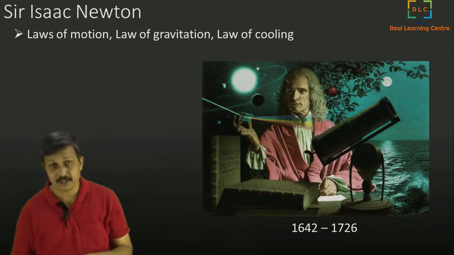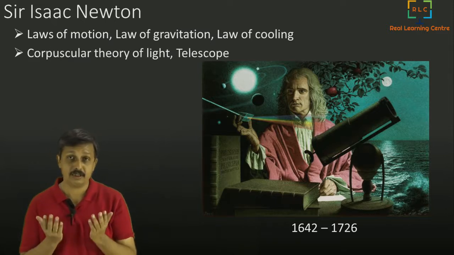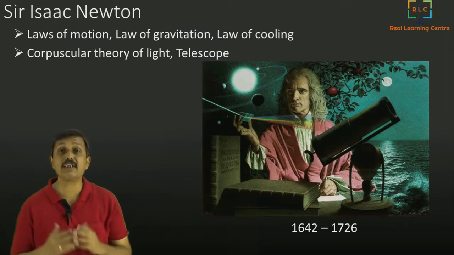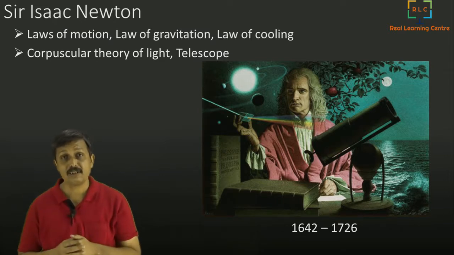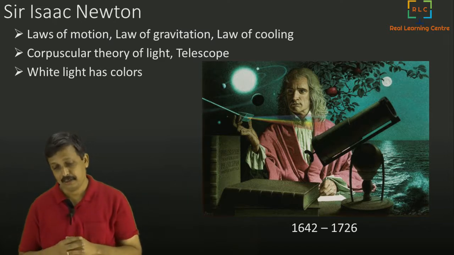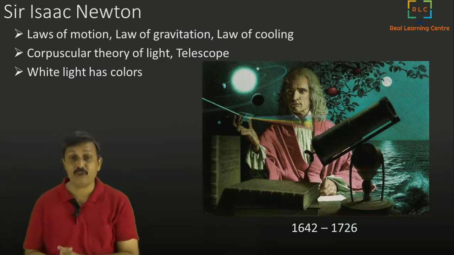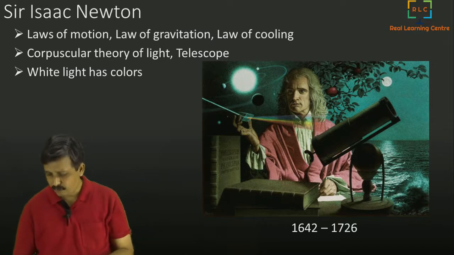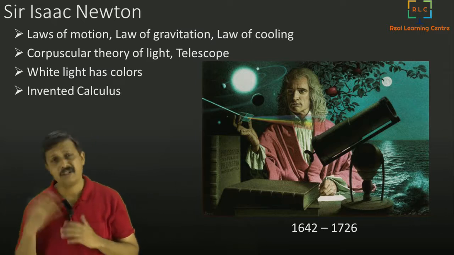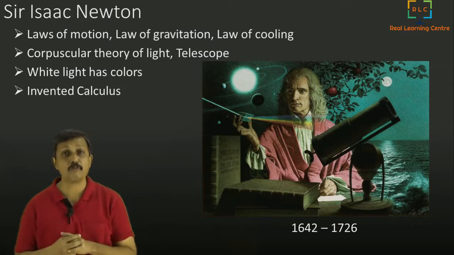He invented a new area of mathematics called calculus, and he worked on the corpuscular theory of light. He created a telescope to look at the planets, and he also said that white light has many colors, though it looks white. He worked theoretically, practically, and mathematically in many areas to which he contributed.